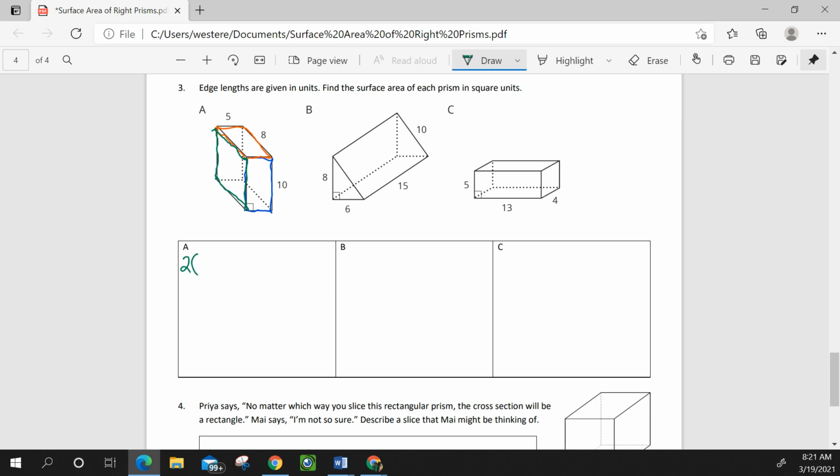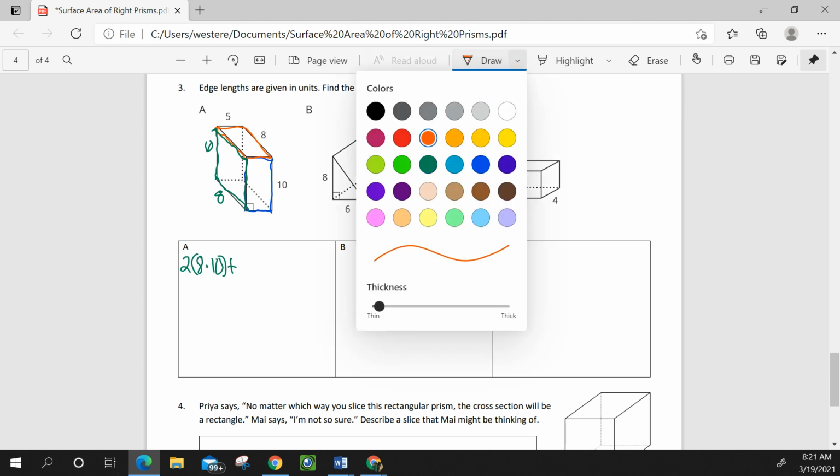So it's 2 times, well, it is 10 high, because I can see that this whole prism is 10 tall, and then 8 that way. So it's 2 times 8 times 10. And I'm going to add to that my orange. So there's 2 of these orange, one on the bottom, one on the top.